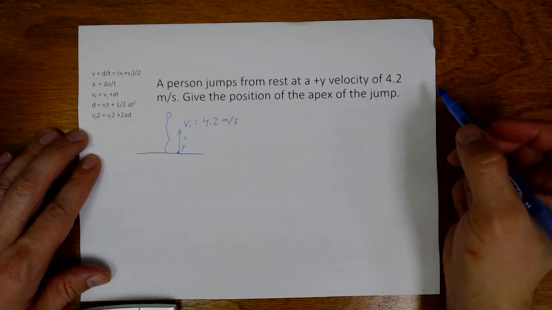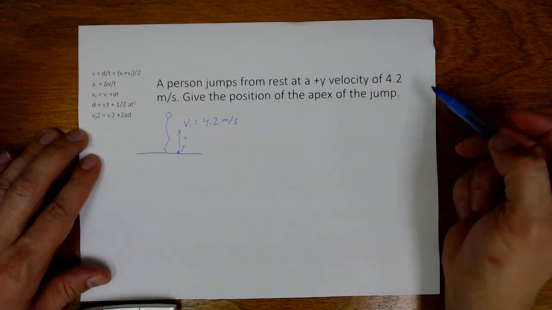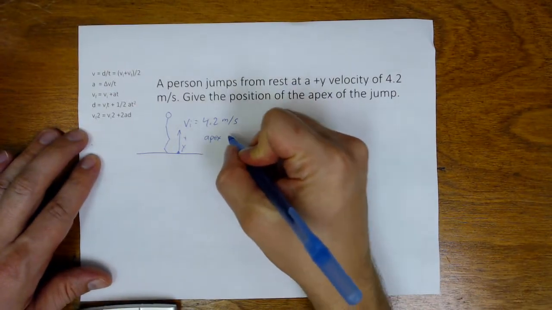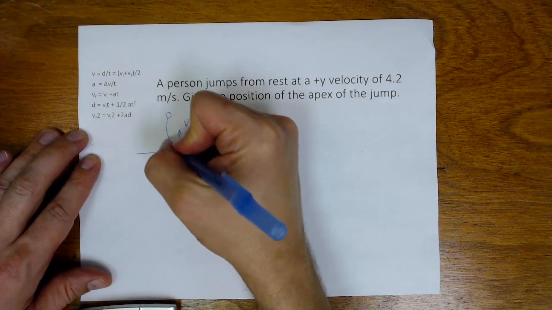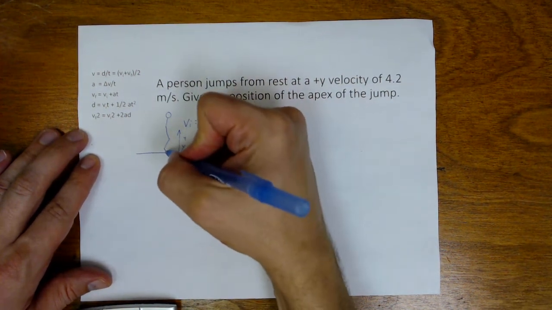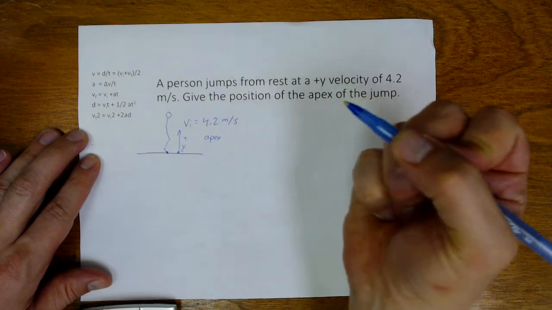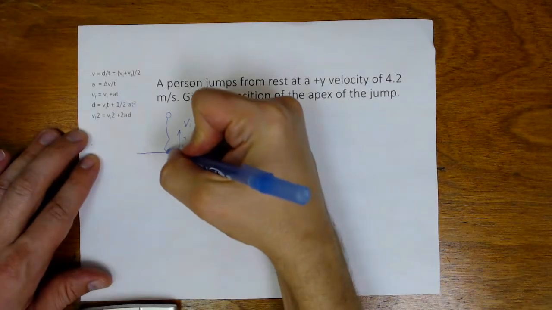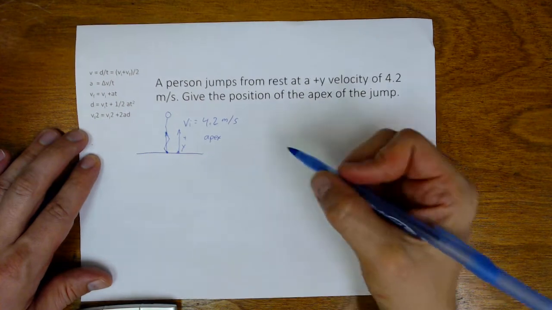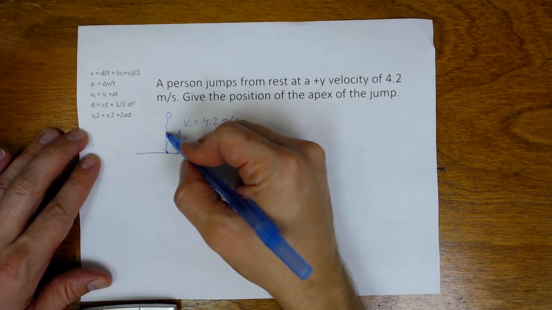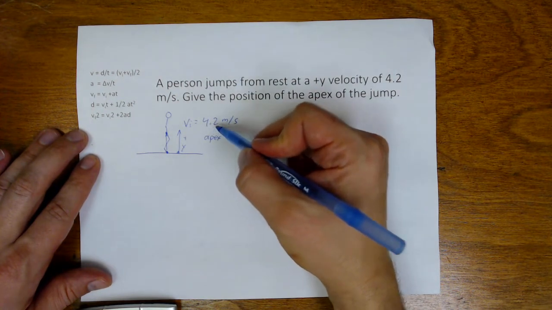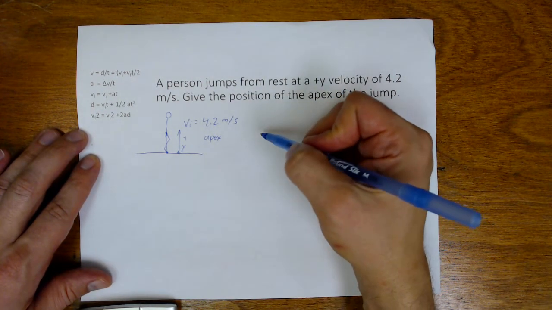So we're going to also think about what else is going on. What do we need to do? We need to find the apex, which is the jump height. If the person's legs are straight up, at the apex of the jump, the person is going to stop, and then they're going to come falling back down. So at the point when they reach the highest point, velocity, which starts out at 4.2 meters per second, is going to stall out to be 0.